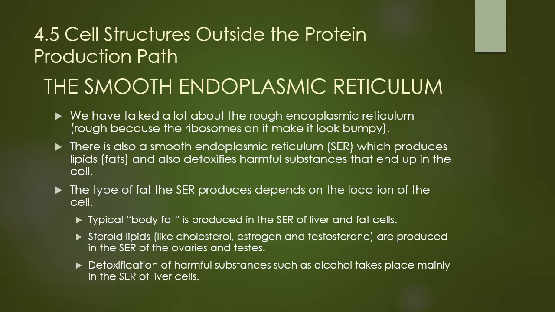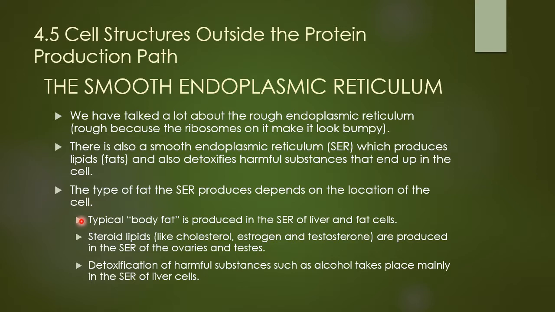We've talked a lot about the rough endoplasmic reticulum, and again, we call it the rough endoplasmic reticulum because it has ribosomes on it that make it look bumpy. There's also something called the smooth endoplasmic reticulum, or SER, which produces lipids. Again, those are fats, and also detoxifies harmful substances that end up in the cell. The type of fat that the smooth endoplasmic reticulum produces depends on the location of the cell.